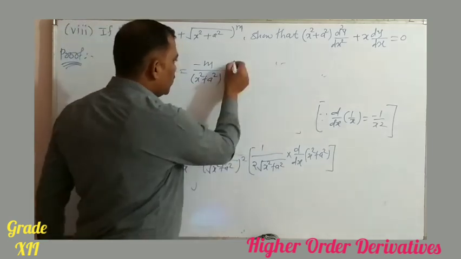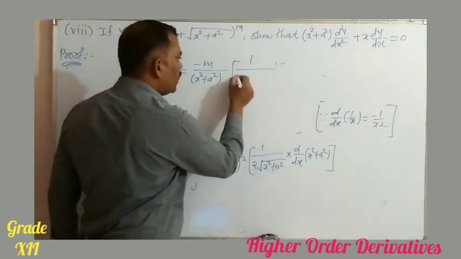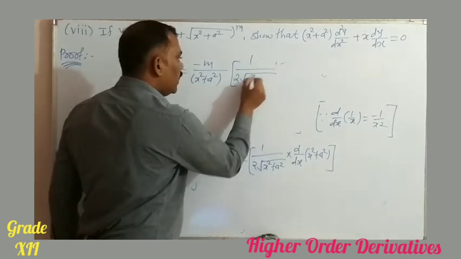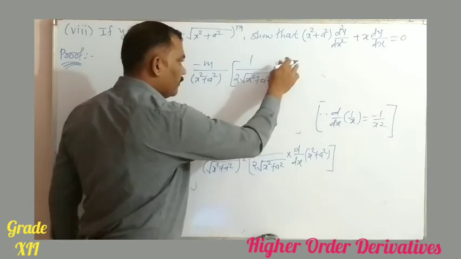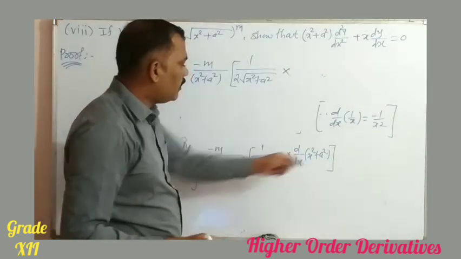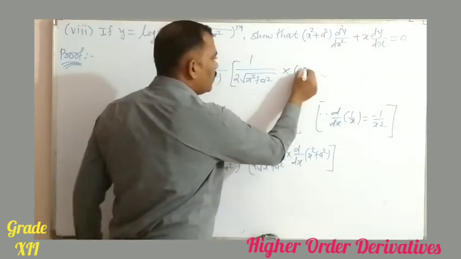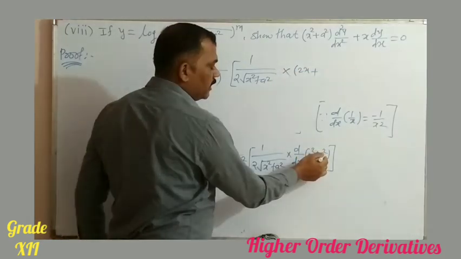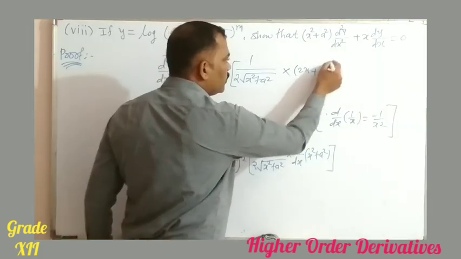Here what you have to get, 1 upon 2 times root of x square plus a square into, what is the derivative of x square? It is nothing but the 2x, plus a square is a constant, so its derivative is 0.